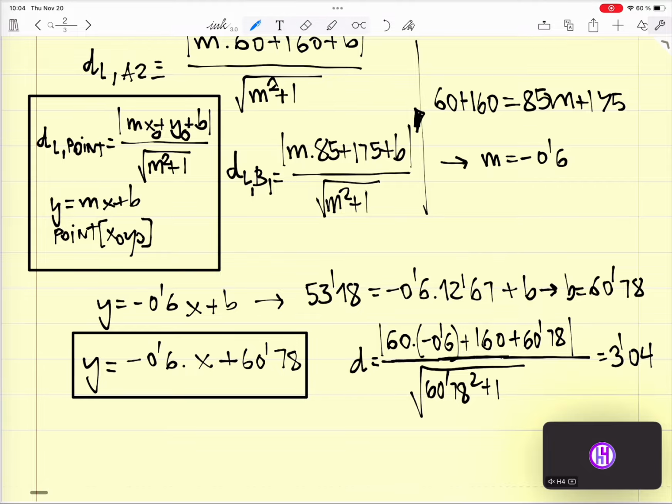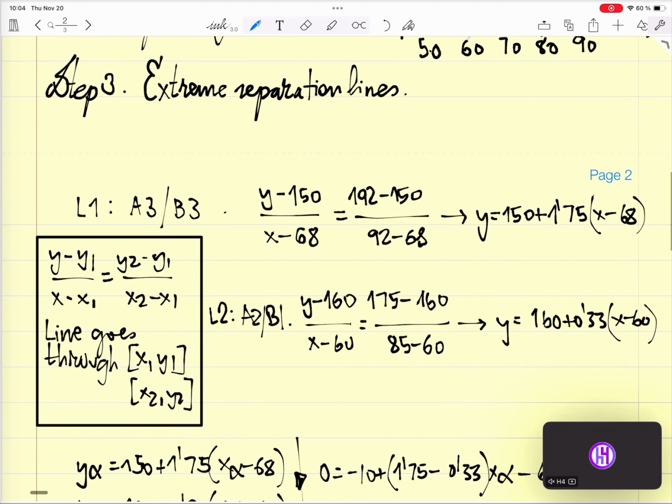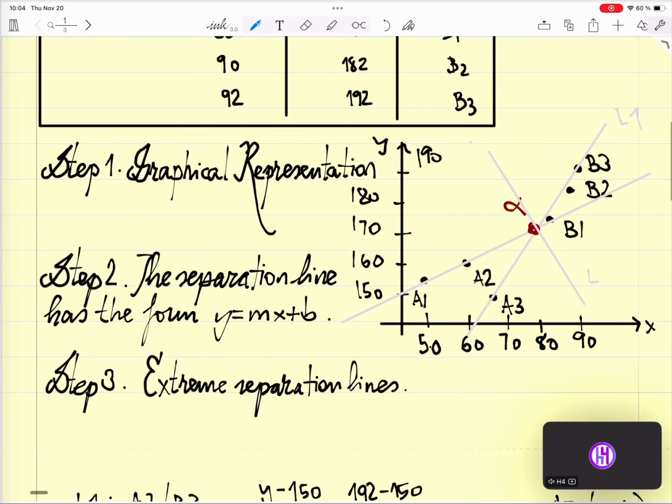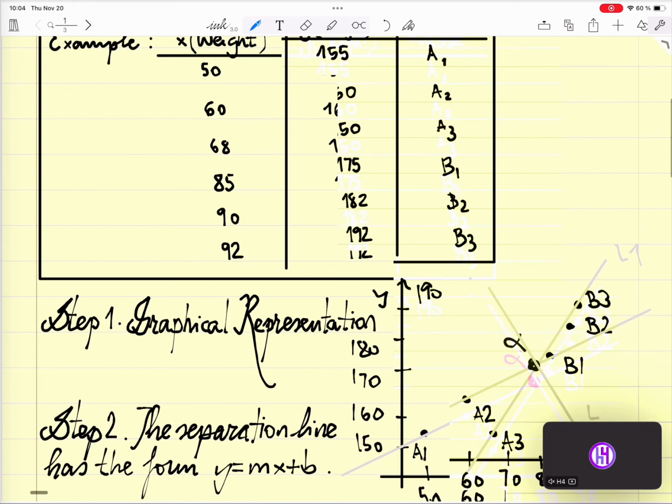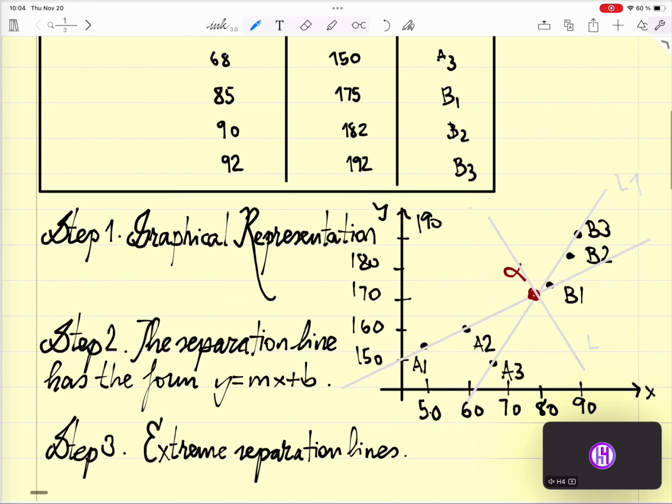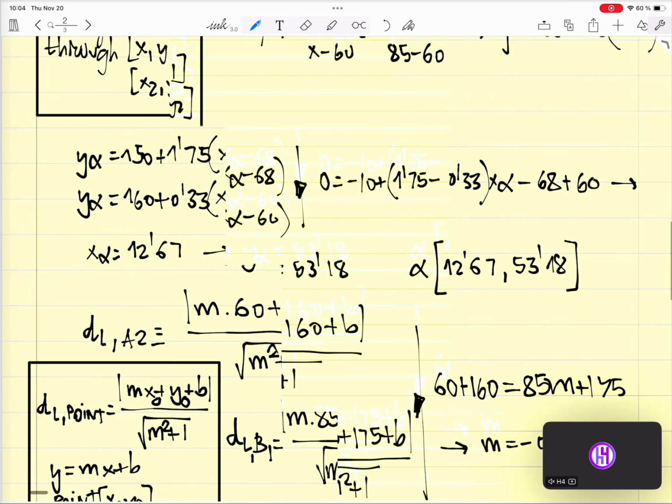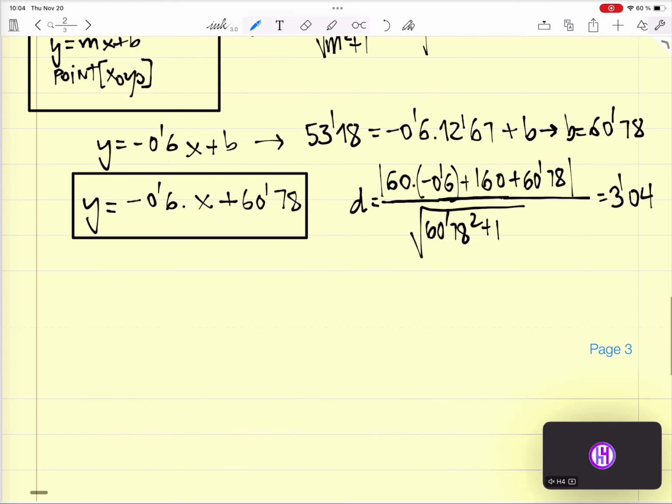Okay, so this is the way to calculate the best line separating two areas or two data sets. Is this plausible? Any questions?